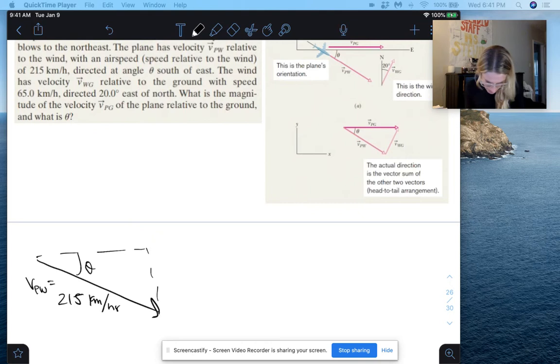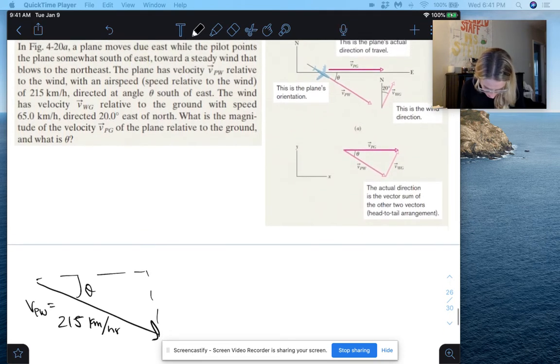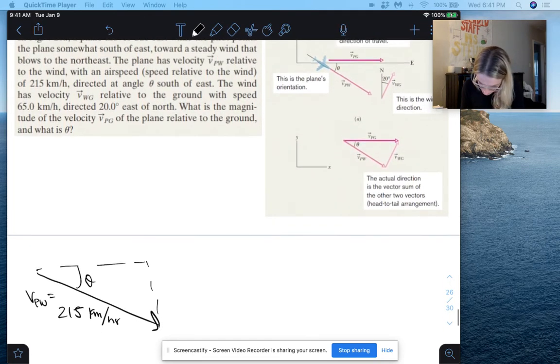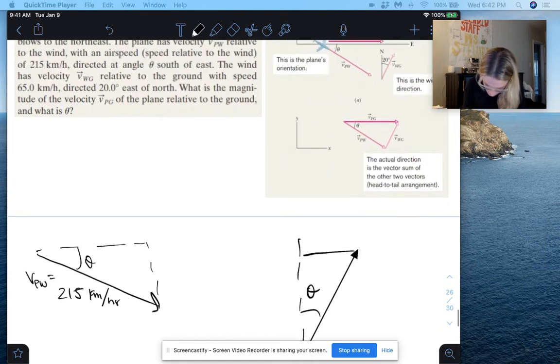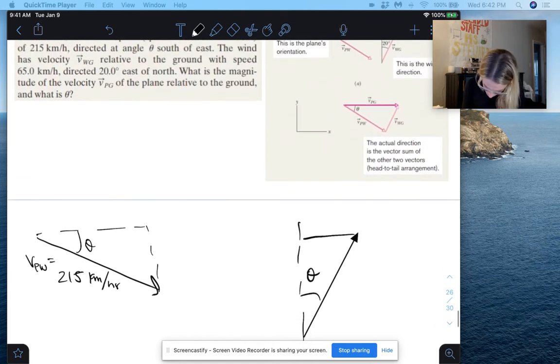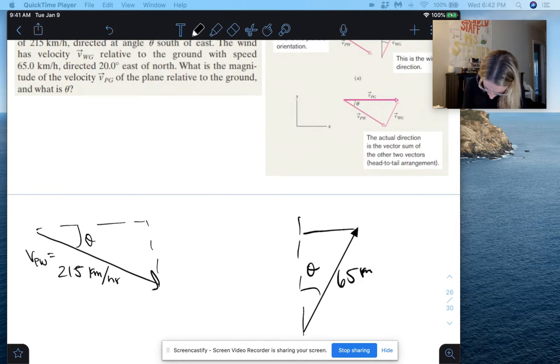Okay. Now we also know that the velocity of the wind relative to the ground is up like this. We have this angle right here. That will be our x component. And this is 65 kilometers per hour. This is velocity of the wind relative to the ground. And then our angle right here is 20 degrees.